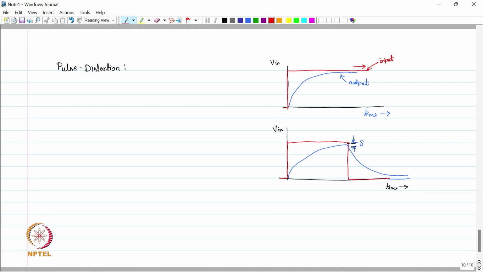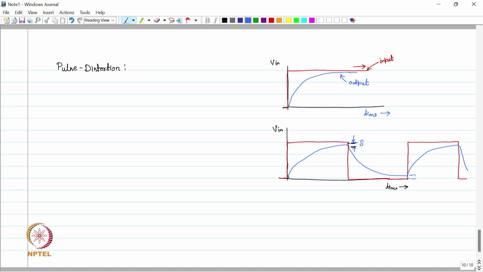Similar thing happens if we increase the input again, like a pulse, then the output again will start increasing, and again it will start decreasing at this point.